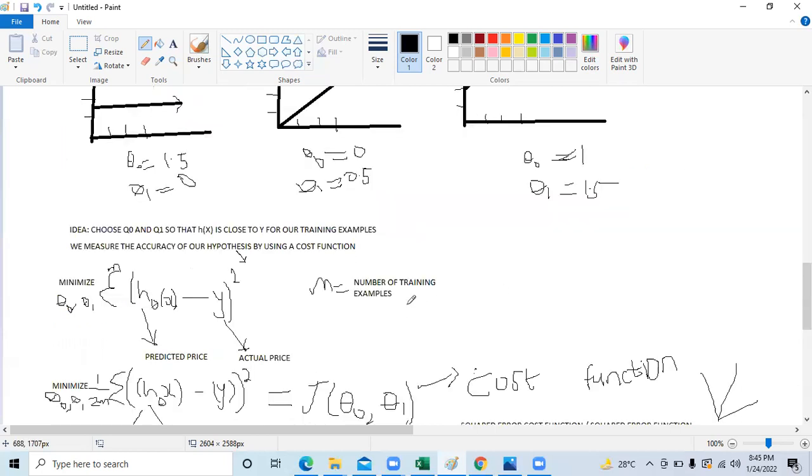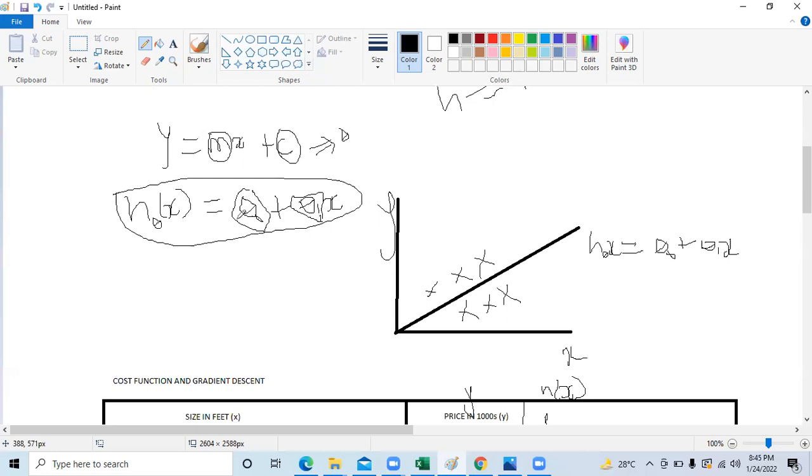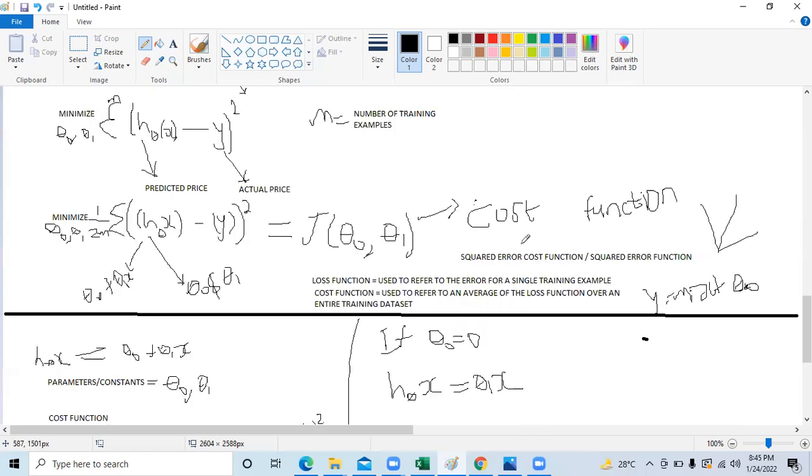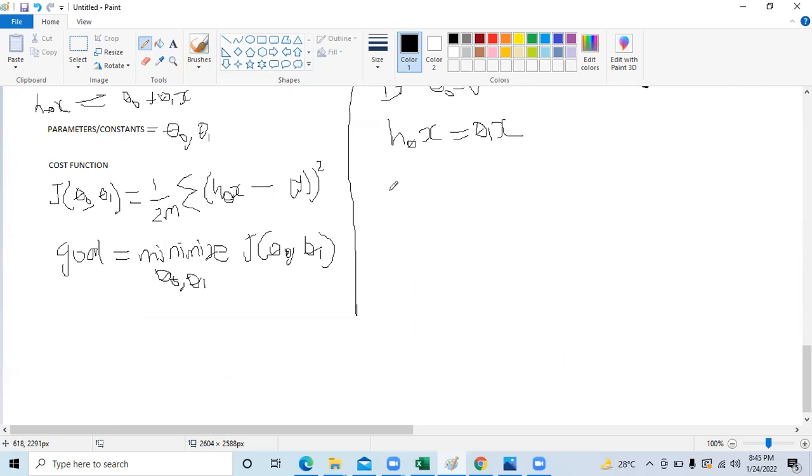So we've eliminated this theta 0. So our h of x will now give us theta 1 x. Does that make sense? All right. So therefore, our cost function will now be, instead of J of theta 0, theta 1, only J of theta 1.